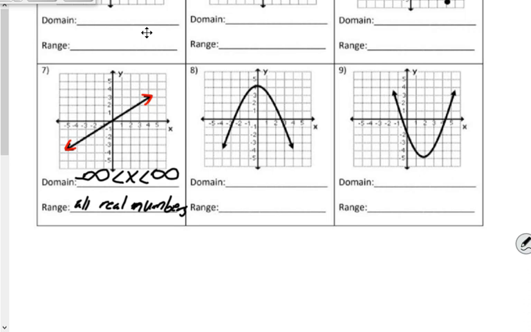Now, there's also a symbol for all real numbers that you will see sometimes, and I'm not the best at drawing it, but I'll try. It looks something kind of like that. Okay, so any of those will technically work.